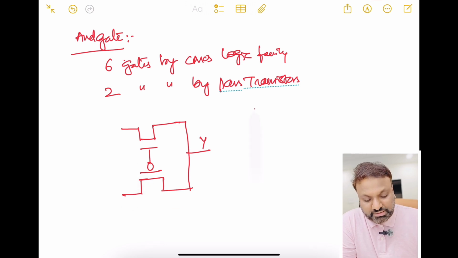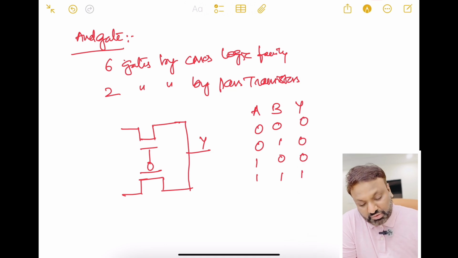Suppose I take the truth table of the AND gate, A, B and Y: 0 0 0, 0 1 0, 1 0 0 and 1 1 1, right. What I will do is split the truth table into 2 parts, and I will give one of the inputs, A, here, and I will operate with respect to the other input to the output.